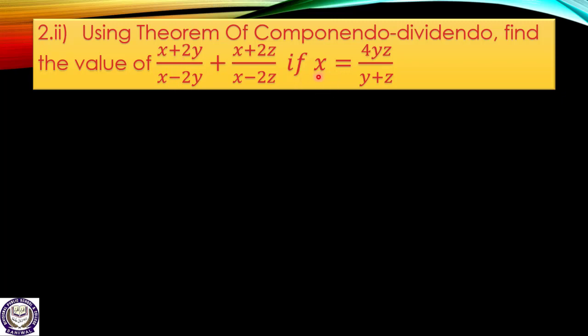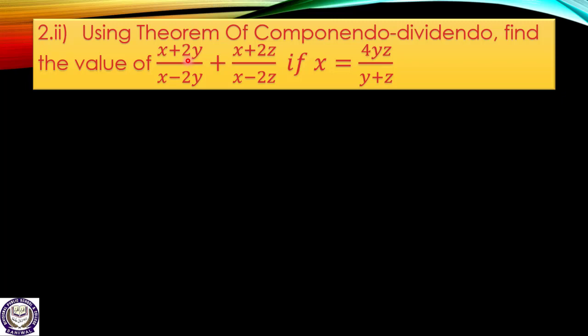Before starting our question, let's compare the coefficients of x, y and z in this given expression. Here the coefficient of x is 1. Here the coefficient of x is also 1. Y, z both have a coefficient 4.